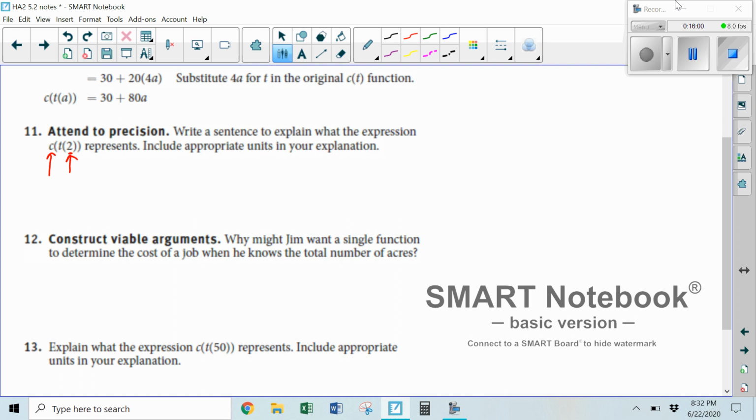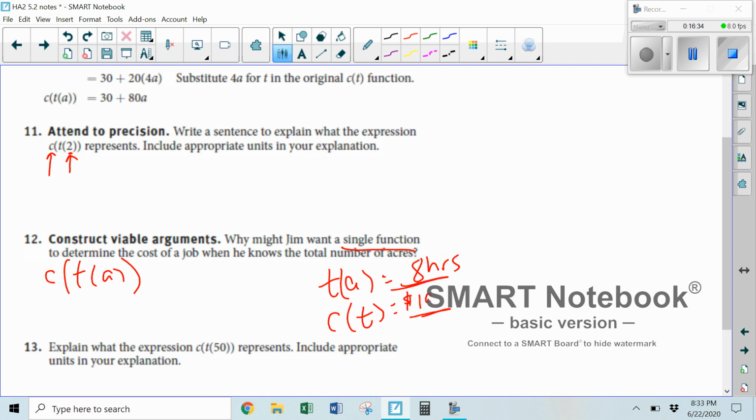Number 12, why might Jim want a single function to determine the cost of a job when he knows the total number of acres? You can pause it and write it for yourself. I would say Jim would rather do one function, C of T of A, than to do T of A, get an answer, and then plug that into C of T. Instead of doing this and getting, okay, it's going to take him 8 hours, and plugging in 8 hours, okay, it's going to get him $190.